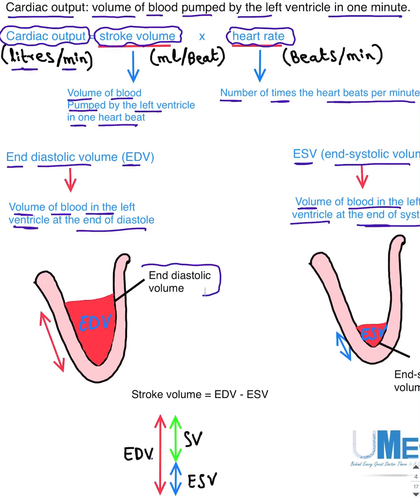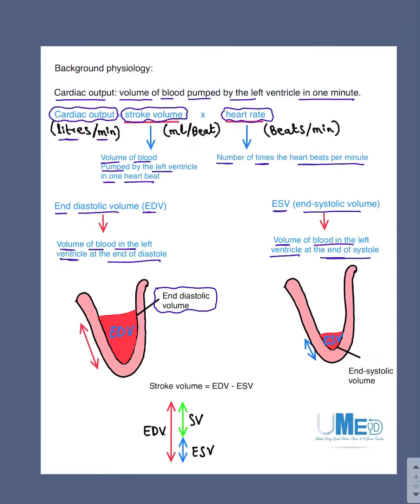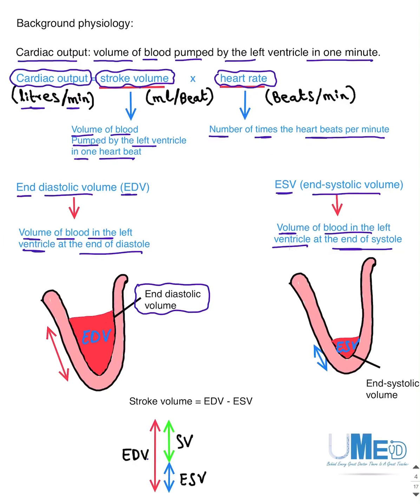This is end diastolic volume, which is found at the end of the relaxation or at the end of the diastole, and this is end systolic volume, which is found at the end of the contraction. Obviously end systolic volume is less than the end diastolic volume because when the left ventricle contracts, it forces out a particular volume of the end diastolic volume into the aorta. So the remaining volume of blood that is left is the end systolic volume.